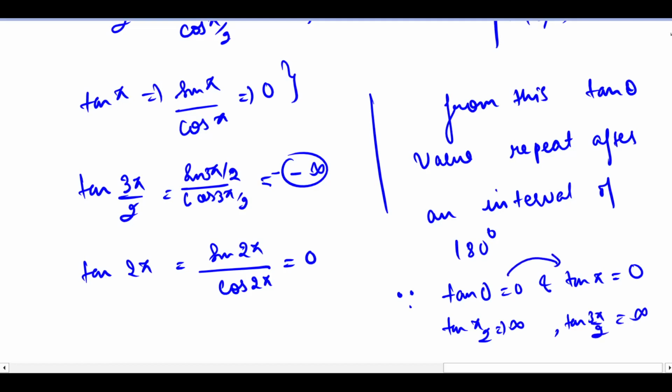So here is an interval of pi and here is also an interval of pi. Again, tan 2 pi is 0, tan 3 pi is 0.